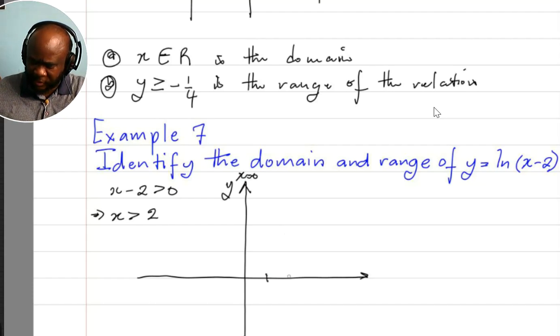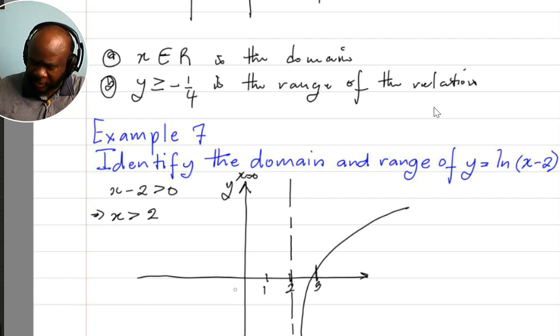So 1, 2, 3. That is my new asymptote. And the graph would look something like this. The value here would be 3, 2 here, 1 here, 0, x-axis.